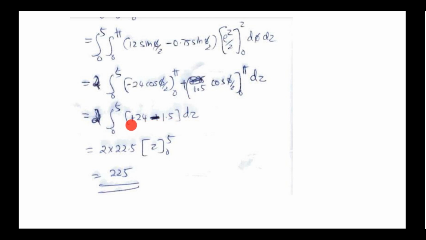So 24 minus 1.5 will be 22.5, and 2 into 22.5. What is left is the integral 0 to 5 of dz, which is z with limits 0 to 5, so 5 minus 0. Now 5 into 2 is 10, and 10 into 22.5 is 225.